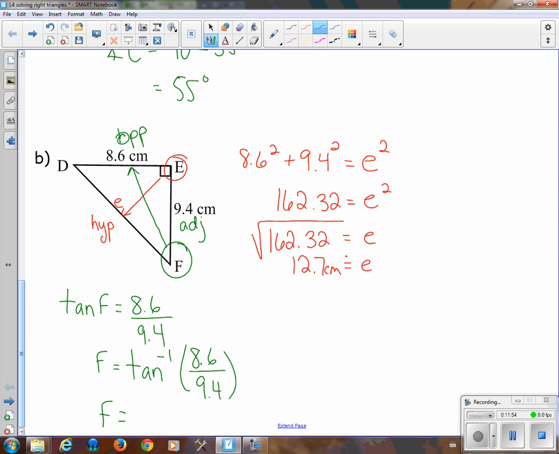I'm going to do it all in one step. So I'm going to do the tan inverse, and then my 8.6 divided by 9.4. And angle F should be about 42 degrees.